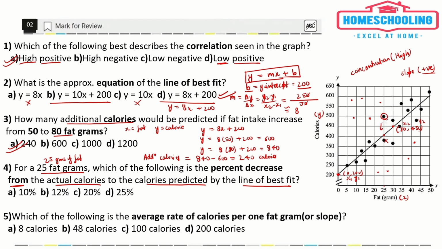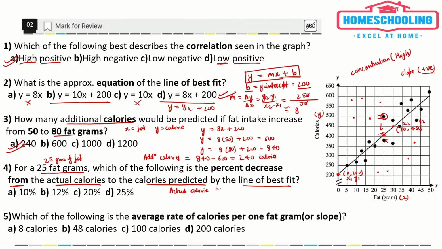So what we're going to do here is find the calories for this data point and here. We have to find what the calorie is at these two points. For 25 grams of fat, the actual calorie is 500.